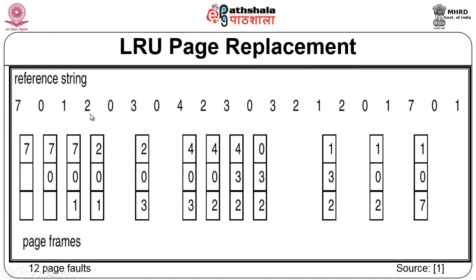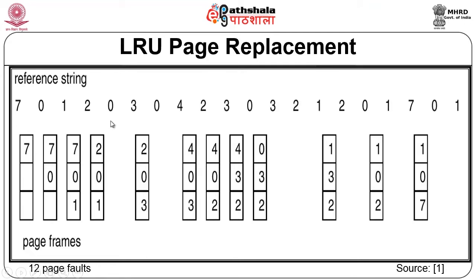Compared to this particular position, you see that 1 was referred, and before that 0 was referred, and before that 7 was referred. Because 7 was the page that was not recently used, that page is chosen for replacement. So, 7 is removed and 2 is brought into the free frame.